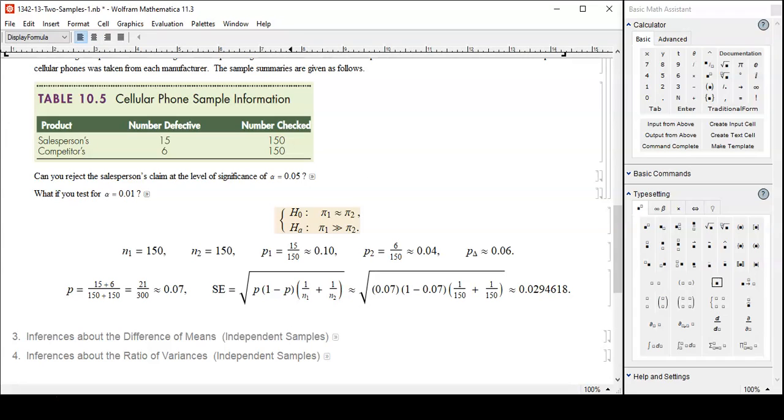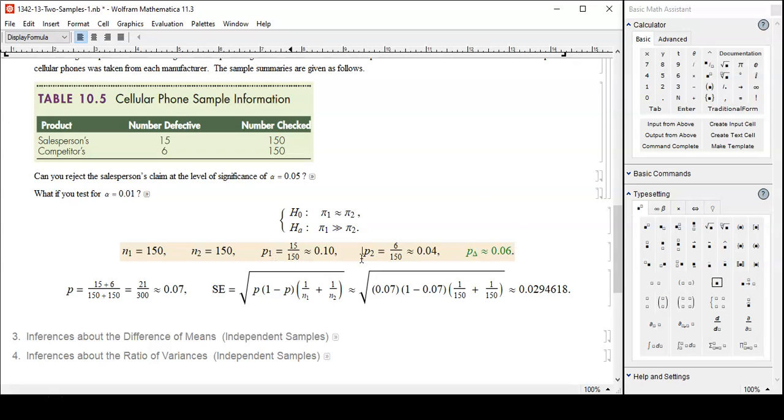The null and alternative hypotheses, and required sample statistics are here: the sample size and proportions, and then the difference of the proportions. This one, which I'm highlighting in green. Now, that's not all.